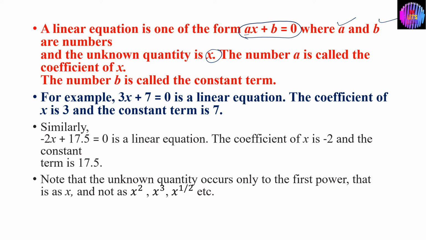The number a is called the coefficient of x and b is called the constant term. For example, take 3x plus 7 is equal to 0, a linear equation. Here the coefficient of x is 3. Similarly, the constant is 7.